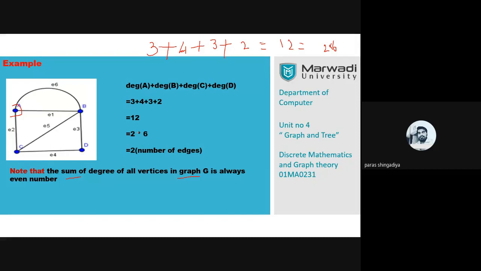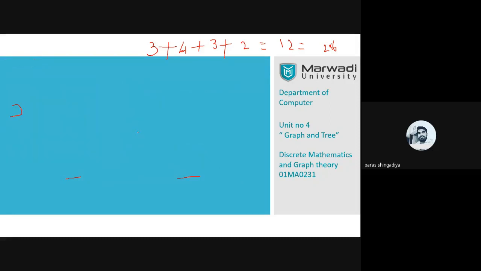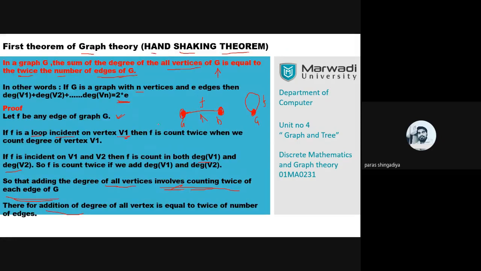Is there any doubt in the proof of this theorem? Is it clear, all the steps? Yes, Ghanshyam, is it clear?